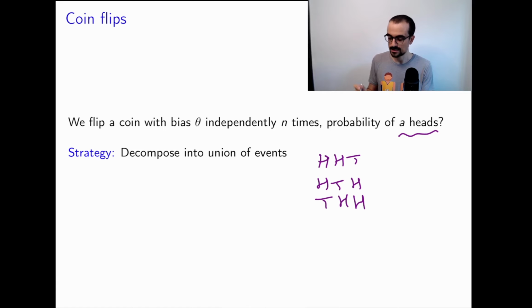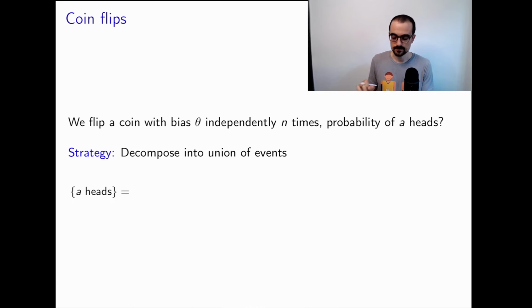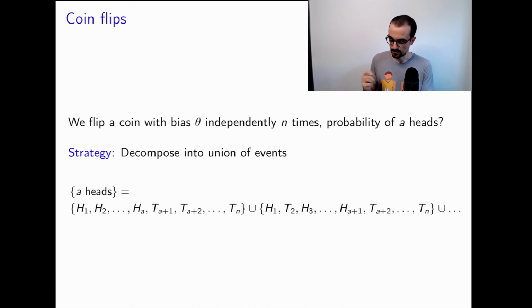If A was equal to 2, if I was interested in the probability of getting 2 heads, what I want to do is separate this into the probability of these 3 sub-events, and then I can add them up because the sub-events are disjoint, right?